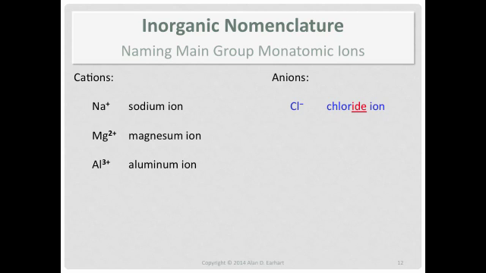Remember the rule for binary molecular compounds? The second one in the chemical formula had an -ide ending. So for your monatomic ions, if they are anions, you change it from chlorine to chloride.